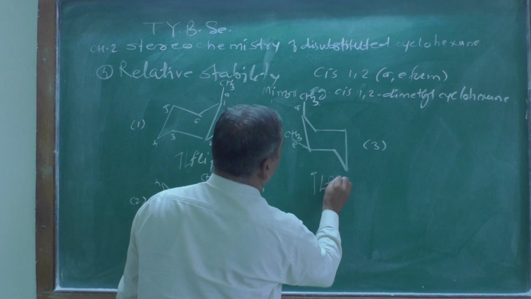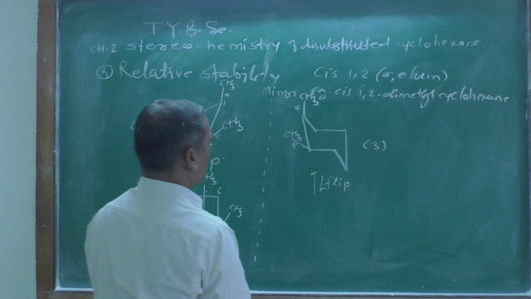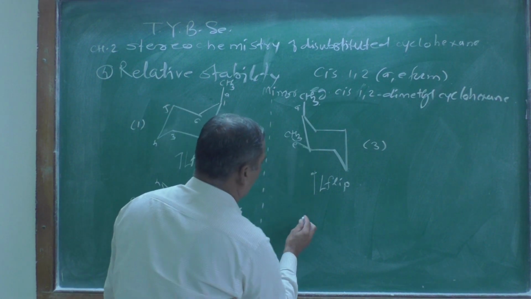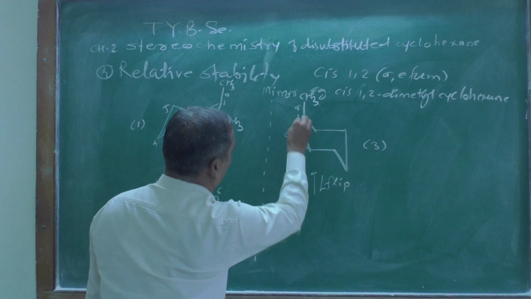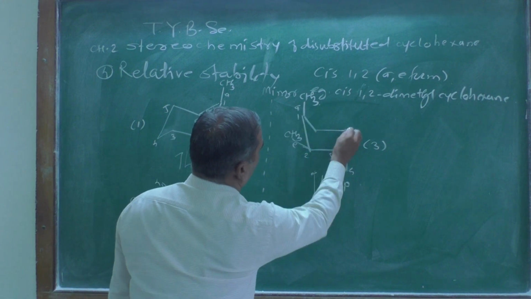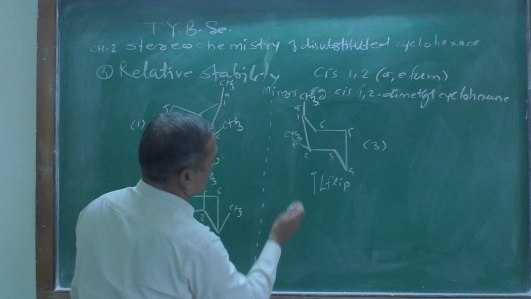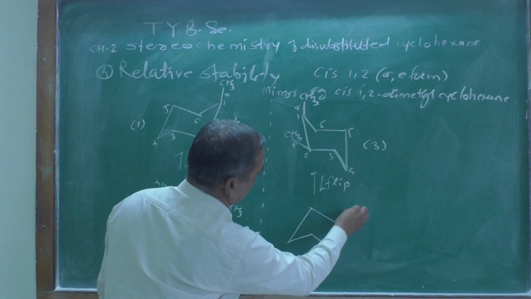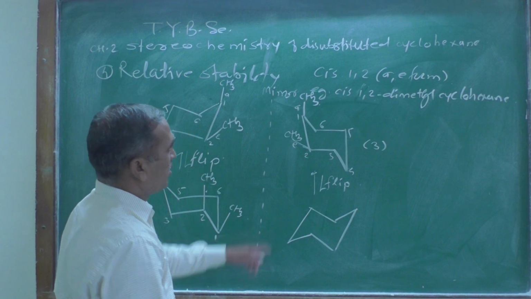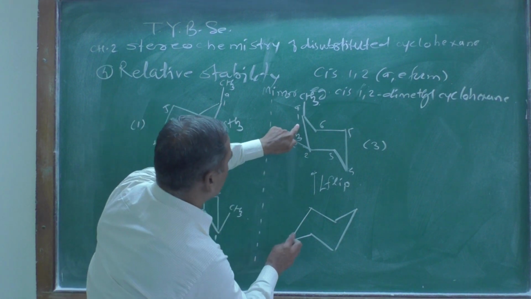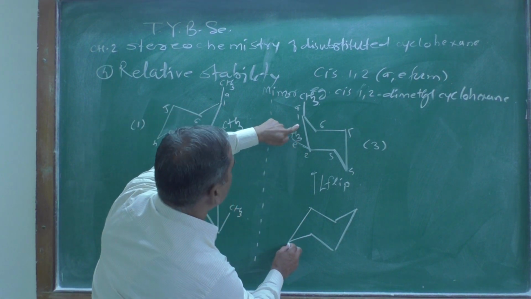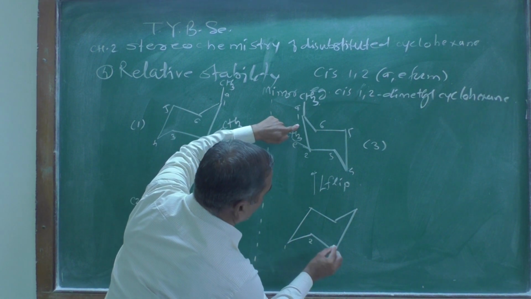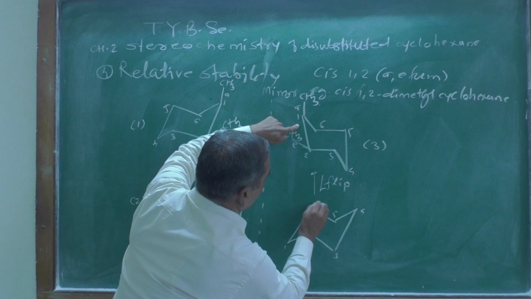After the flipping process, one chair conformation is converted into another chair conformation, and you are going to get this above the plane, 1, 2, 3, 4, 5 and 6. Now this one goes below the plane and the structure becomes like this. So this is carbon number 1, this is 2, 3, 4, 5 and 6.